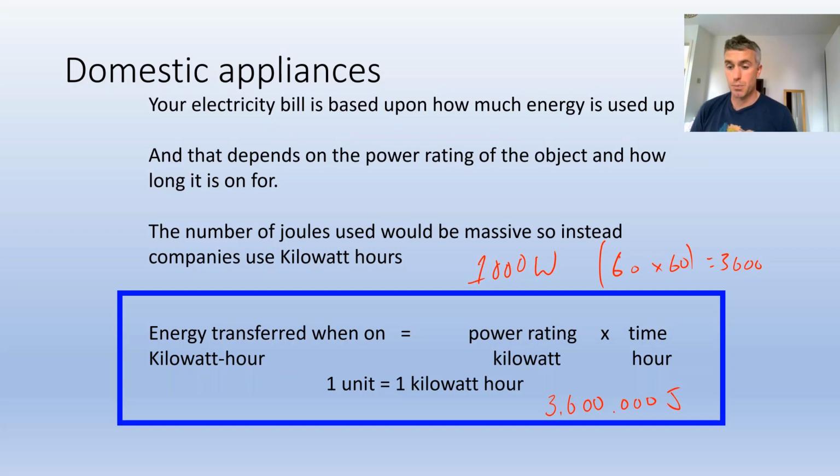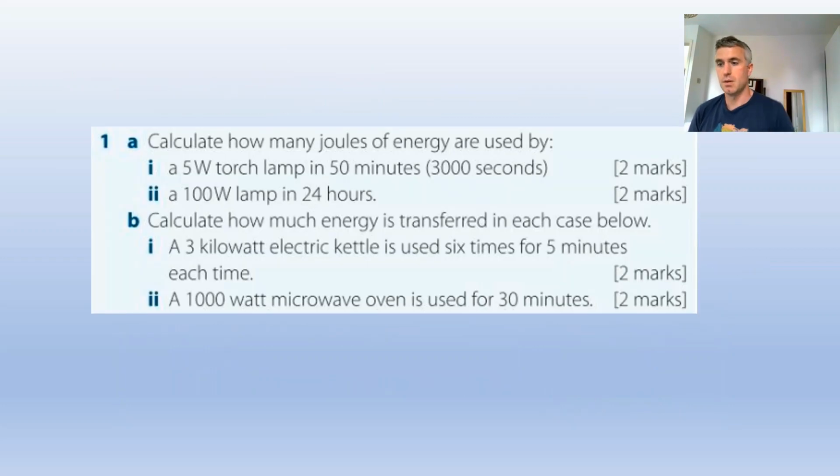Okay, so let's have a go. Work out how many joules are created for these different things. Let's do this as an example. A 5-watt torch for 50 minutes.